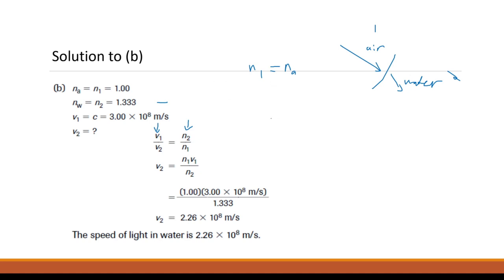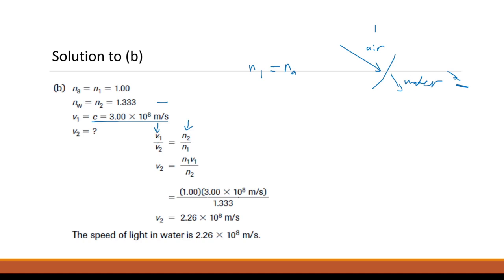We want to find V2 in water, so the 2s, so it's V2. Do we have V1? Well, in a vacuum, V1, the speed of light, is just the constant we know, c, approximately 3 times 10 to the 8. And so we do technically know it.